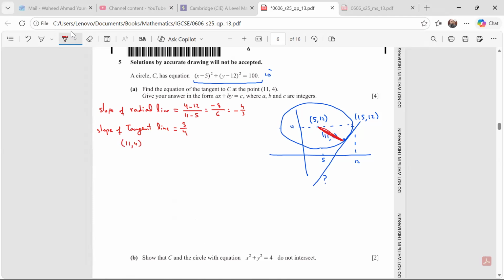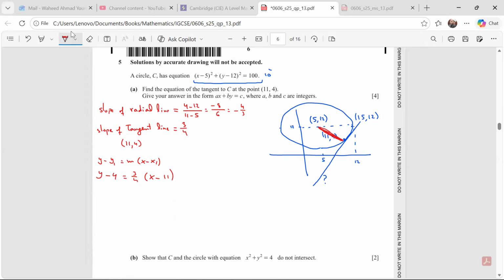So what's the equation of this straight line? It's easy to find. Remember the formula y minus y1 equals m times x minus x1. So y minus y1 is y minus 4, m is 3 by 4, and x1 is 11.